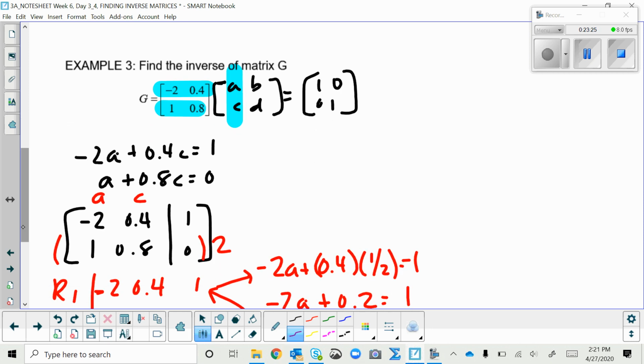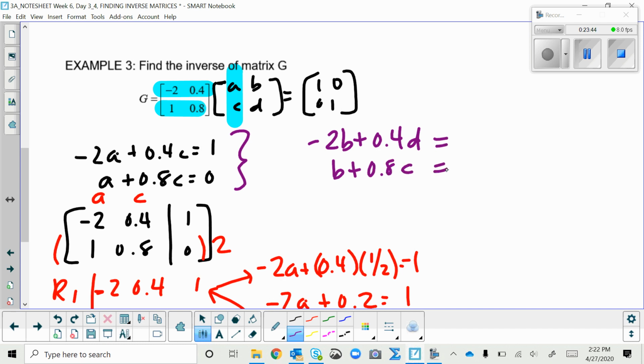Instead of going through all that trouble of matrix multiplication again, we already know it's going to look just like this, only with B and D where A and C are. And instead of 1, 0, it's going to be 0, 1. And we know that we're still going to do the same row operations.